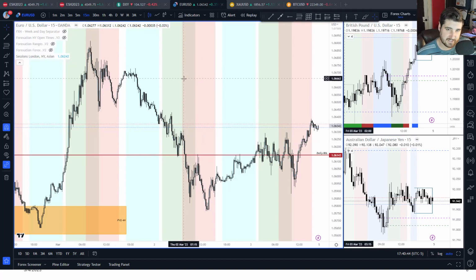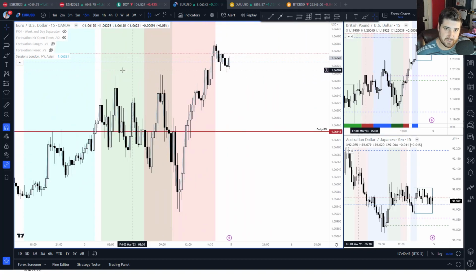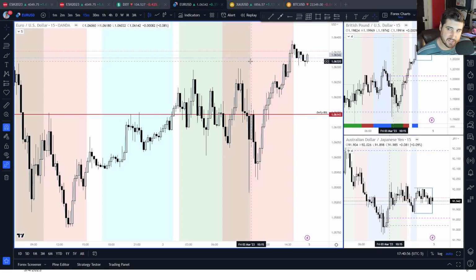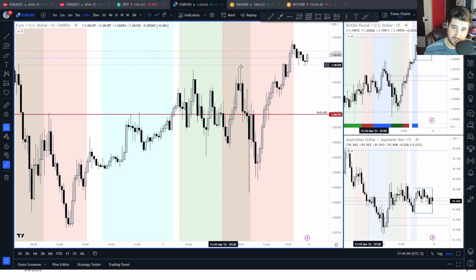Okay, so now we've got the session indicators. Let's zoom in a little bit. This blue area right here is the Asian session. This green area overlaps with the red. That's the London session. And this red from here on is the New York session. So you can see how they overlap.